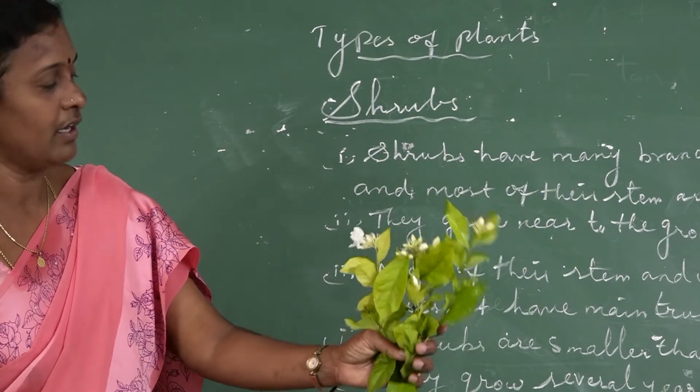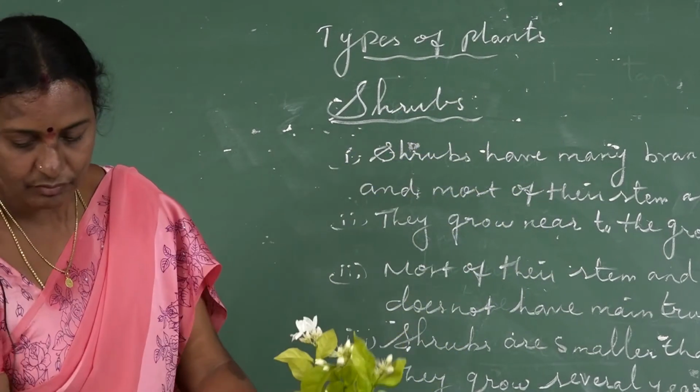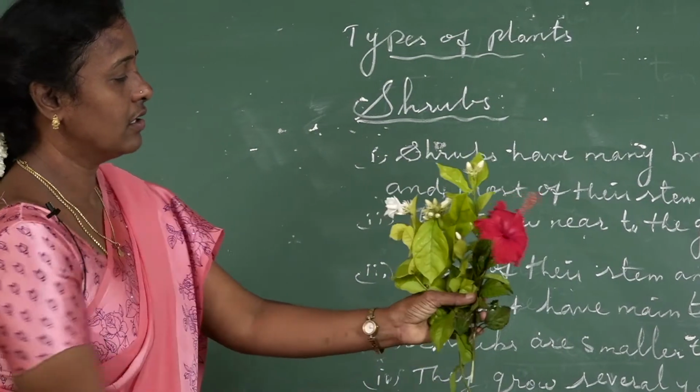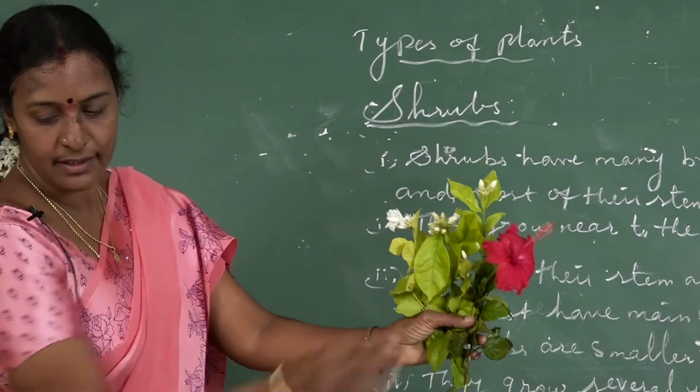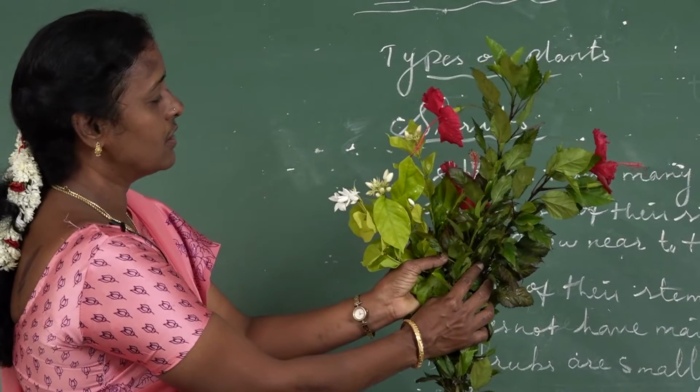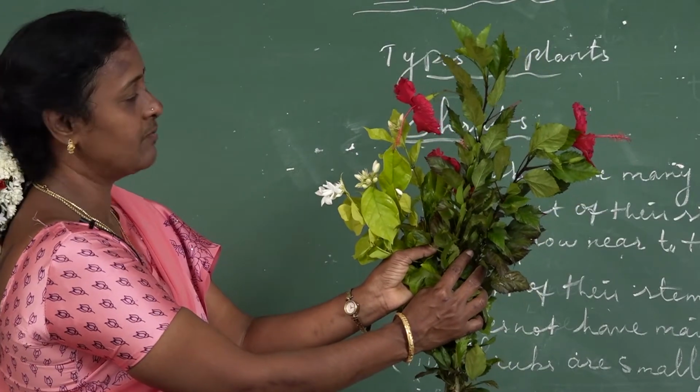What is the example of the shrubs? Shoe flower, rose, and jasmine.